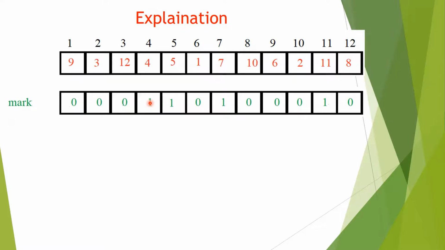So we mark 1 if the element is at its correct position. We see that 4 and 5 are at the correct position, so we mark them as 1. Else we mark 0. We move on and see that 7 and 11 are the only further elements at their correct position. So they are marked as 1. Rest all are marked as 0.